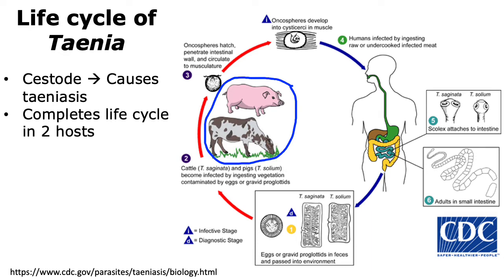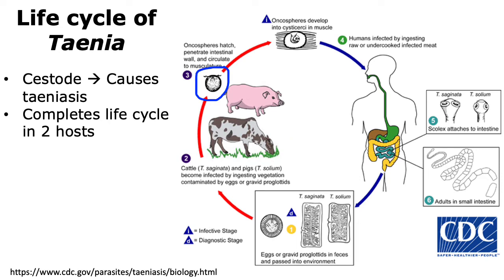These cattle or pigs, upon ingestion of the fertilized eggs that have begun the process of development, provide a good environment for the larvae to continue development and hatch in their gastrointestinal tracts. Upon hatching, the larvae are able to penetrate through the intestinal walls and go to the muscle tissues of these animals.